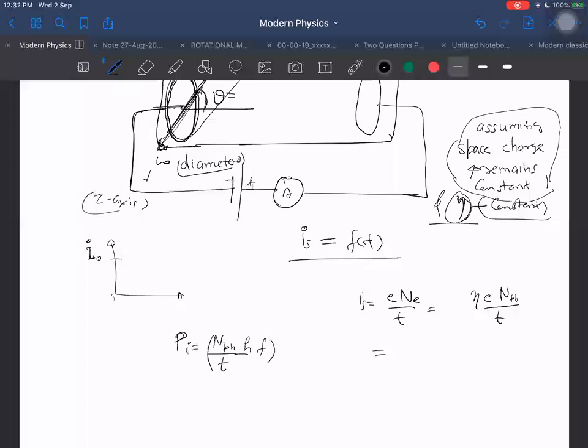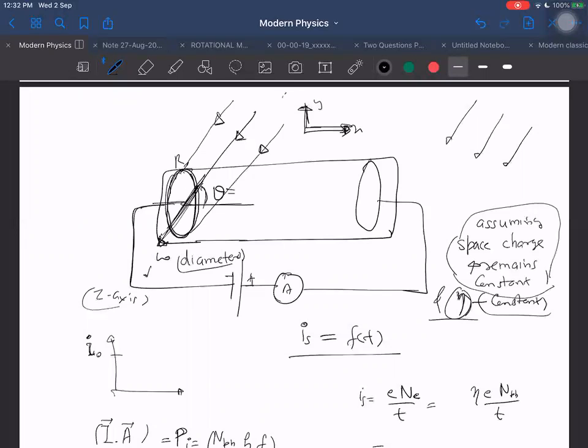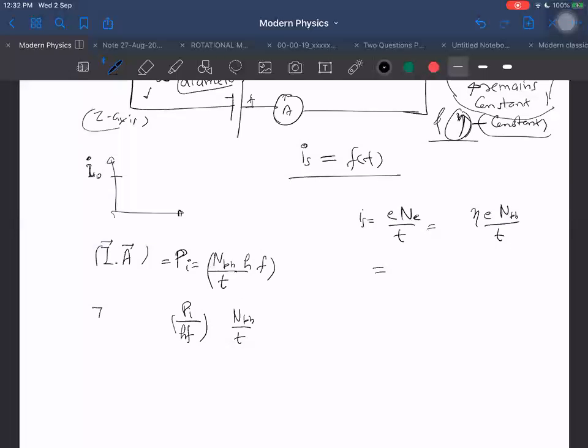So power incident upon hf is equal to N_ph upon time. But power incident has another formula: intensity into area, I dot A. Initially the area vector is this side and I is this side, so the angle is theta between them. So initially it is I into A cos theta.